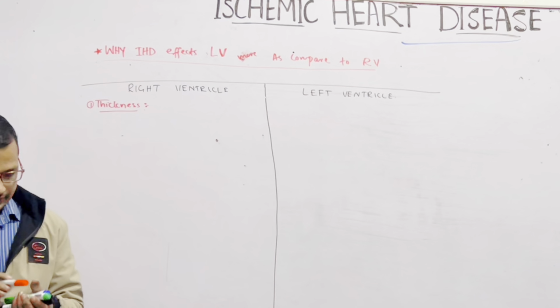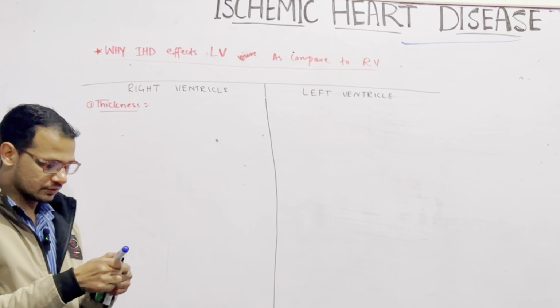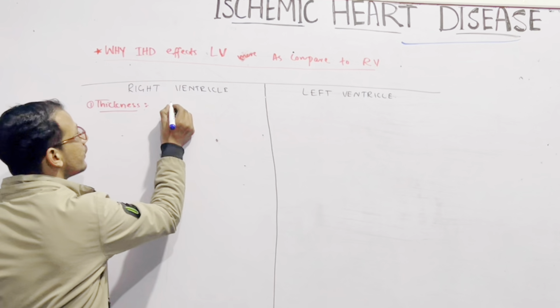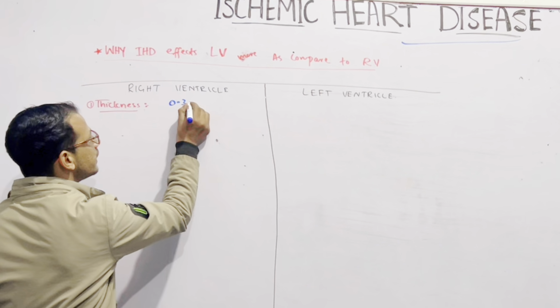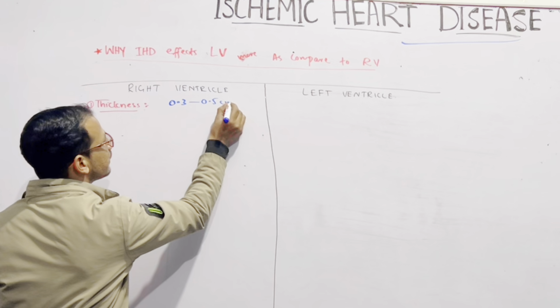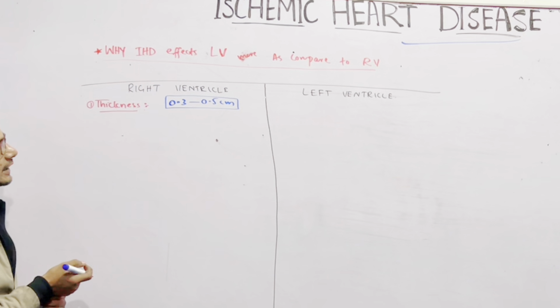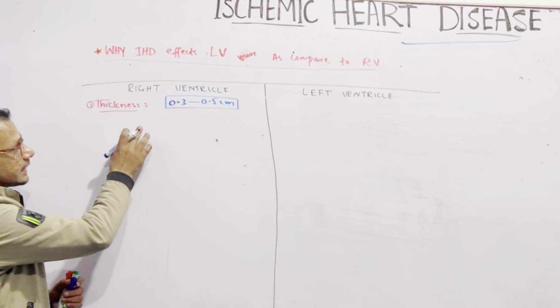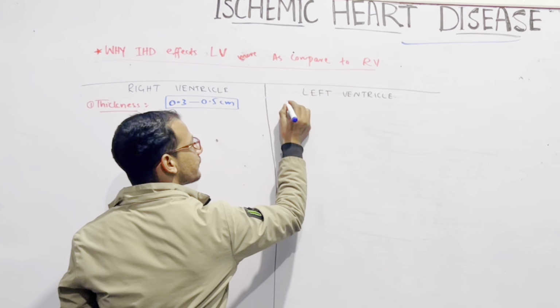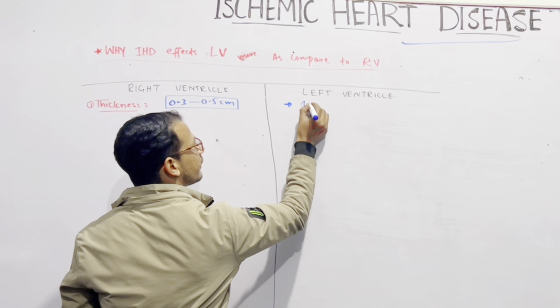Right ventricle thickness is from 0.3 to 0.5 centimeter, and the thickness of the left ventricle is 1.5 centimeter.